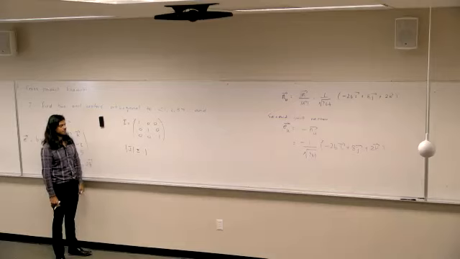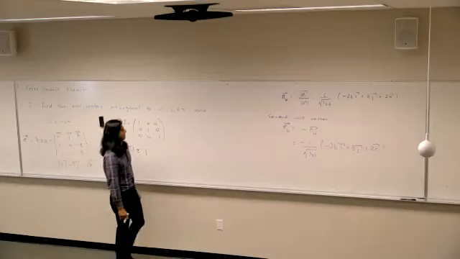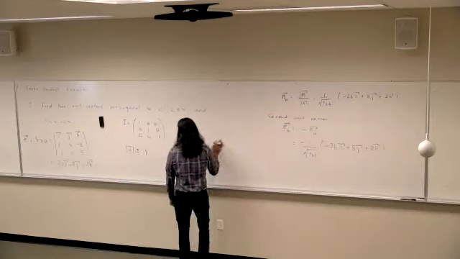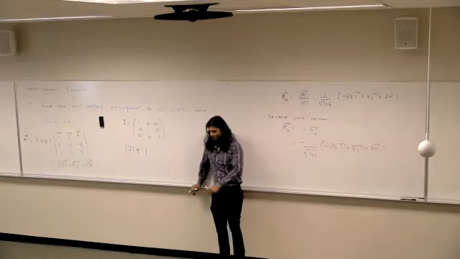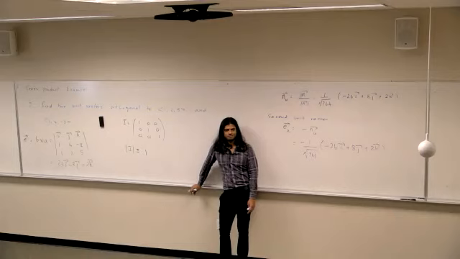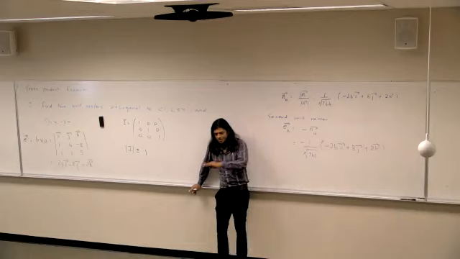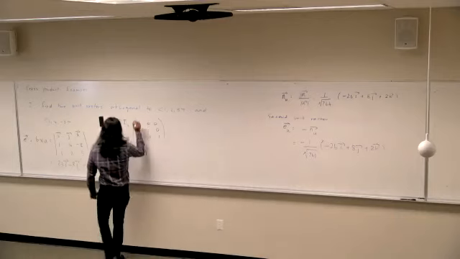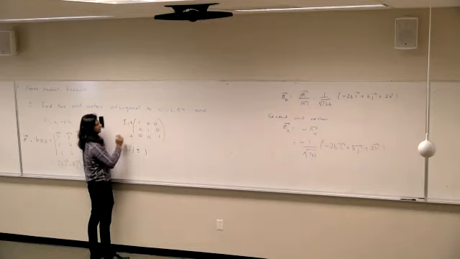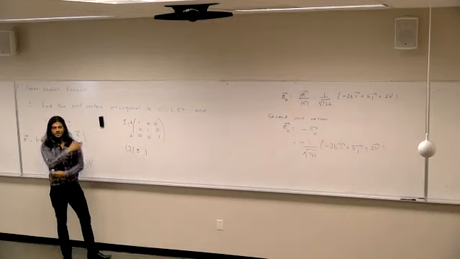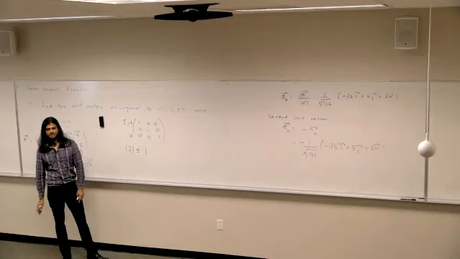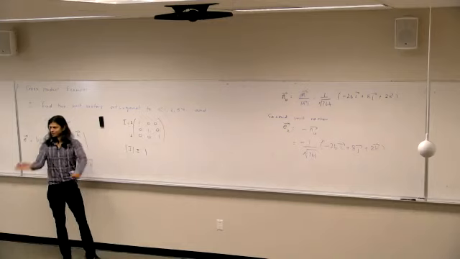I want you to swap 2 rows. So I have row 1, row 2, row 3. Pick 2 of them. 1 and 3. Okay. I'm going to simply swap. Good. Switch.